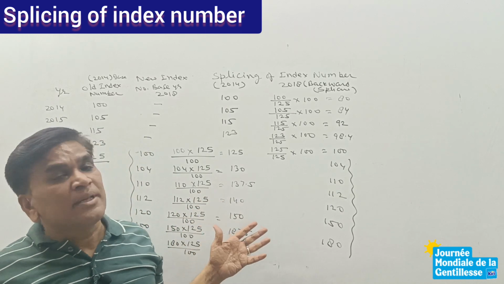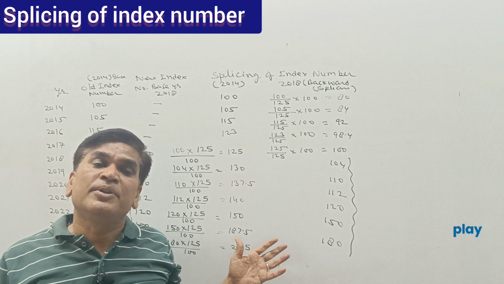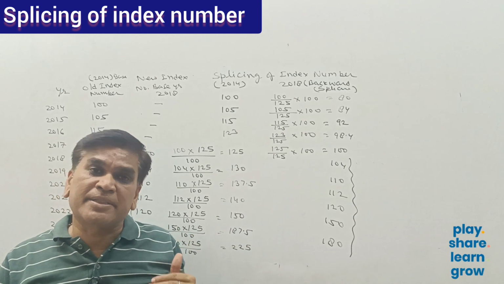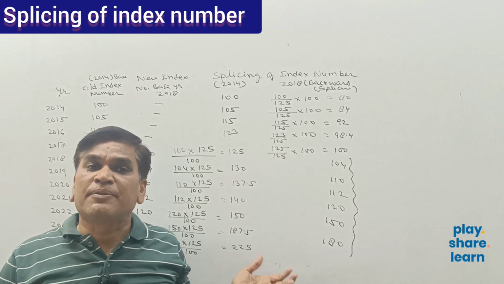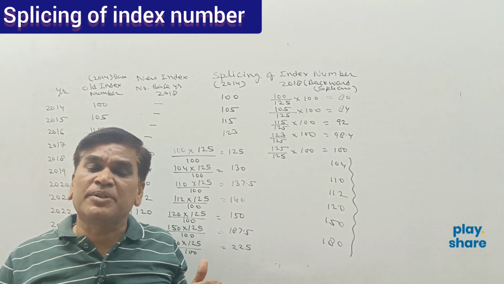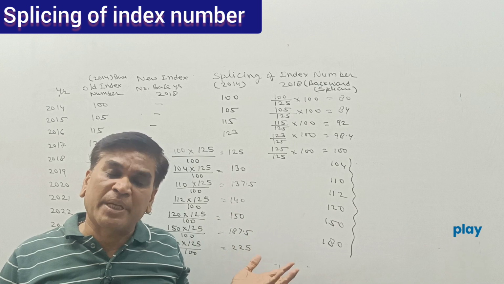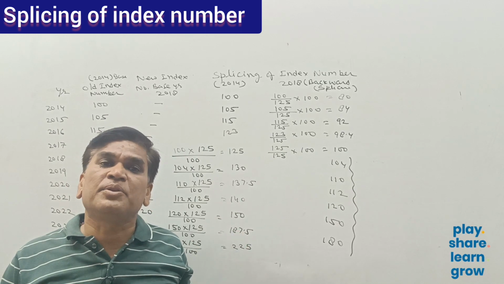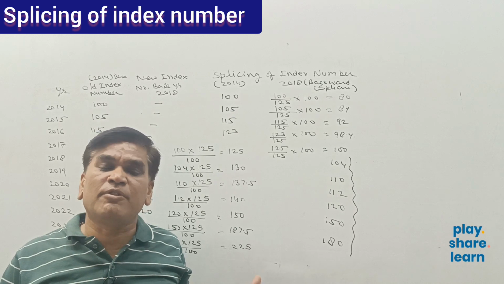So with the help of this video, you may learn how to do the simplifying of index numbers, whether you have to do forward simplifying or backward simplifying. With the help of this video, you may easily do so. So I think this video will be helpful for you.